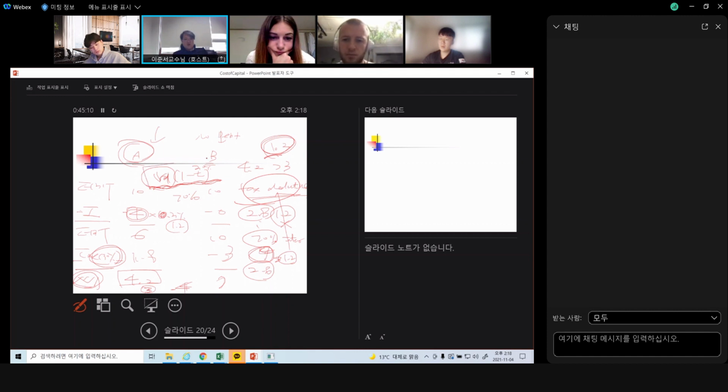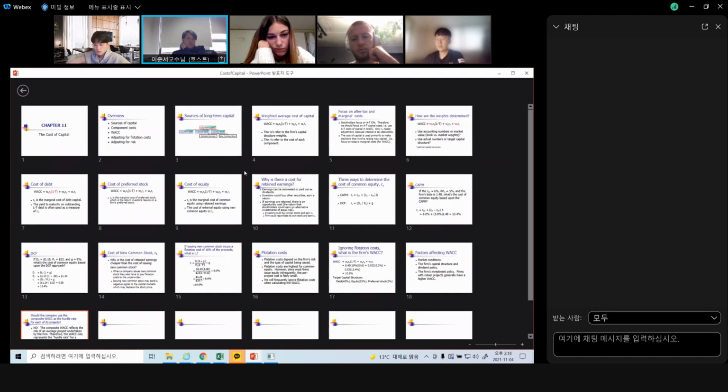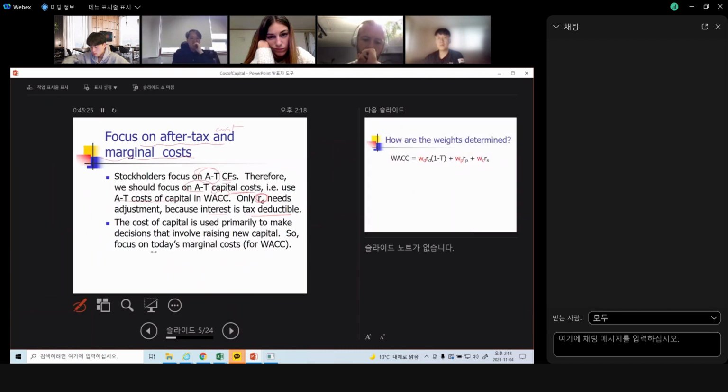So when we calculate the cost of debt, we should recognize the tax effect. That's the tax deductible.